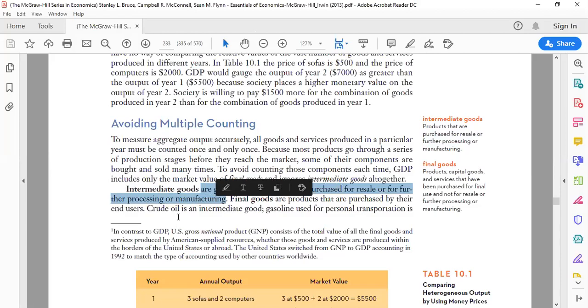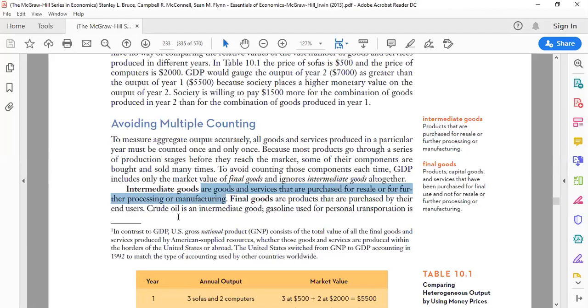Intermediate goods are also known as inputs. For example, wheat is the output in the agriculture sector, but wheat becomes an input in the industry when we make flour out of it.